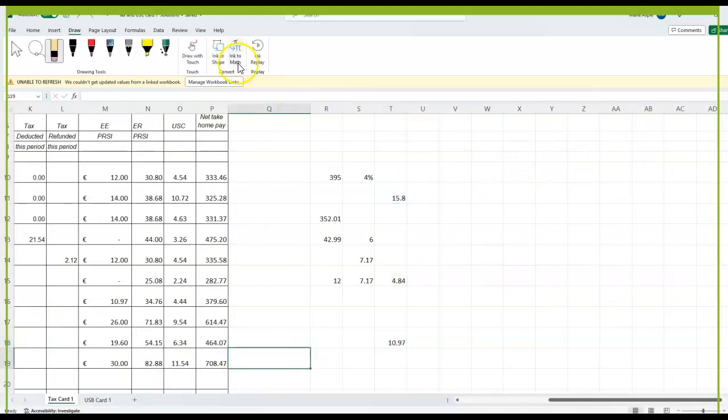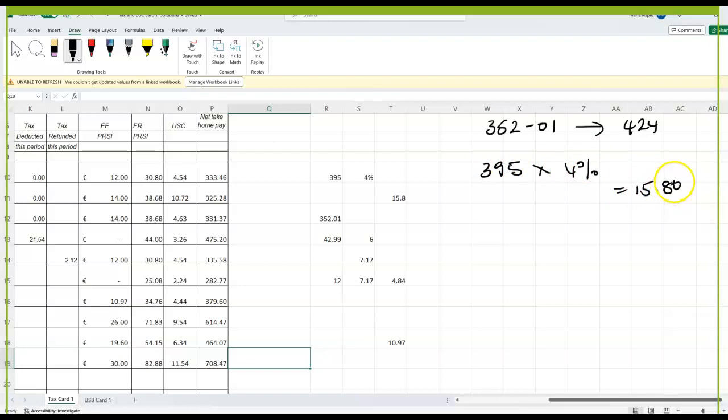So let's do it longhand. 395. If there's a credit in it, remember 395 is falling between 352.01 right up to 424. The next thing is 395 multiplied by 4% is giving me 15.80. That's the first step every time. The second step is to get the difference from 352.01, and the difference here is 42.99.